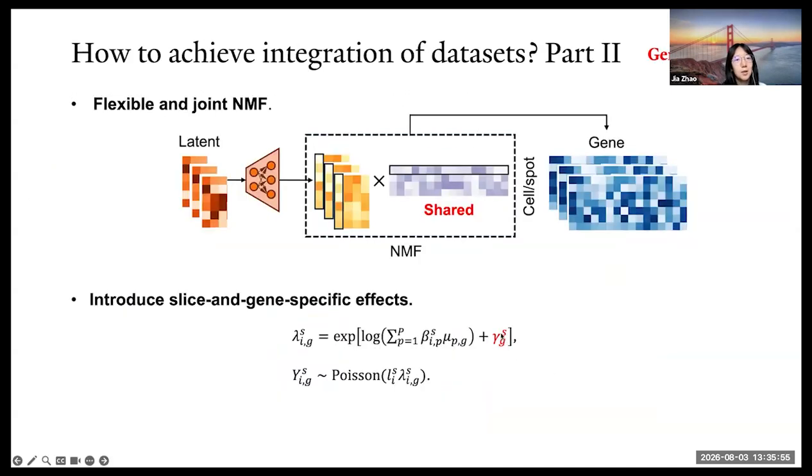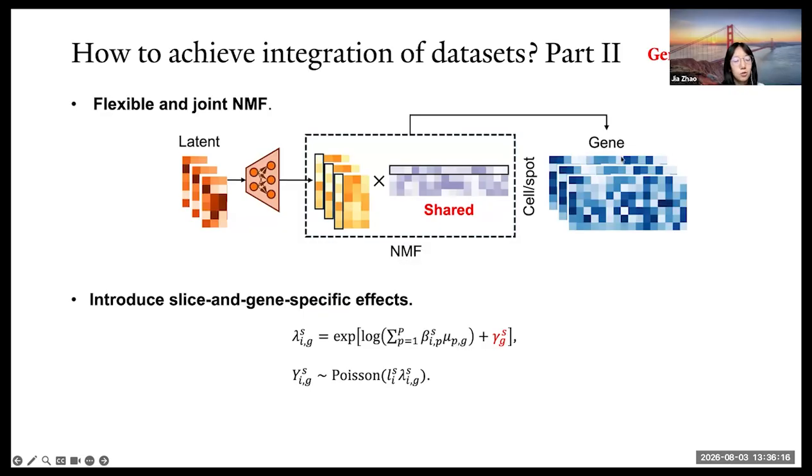Empirically, we find that we need another layer of gene level correction. So this is clean, free from the unwanted variation, and this is shared and of course free from unwanted variation.